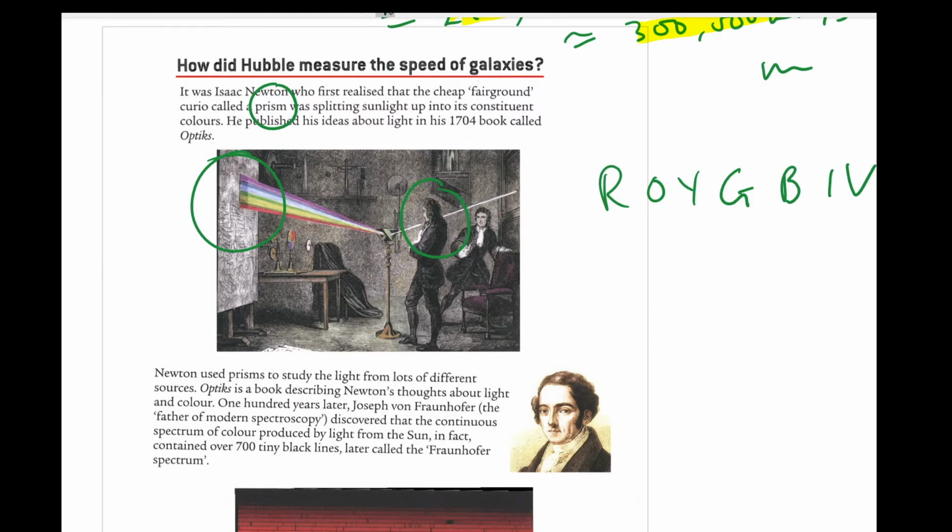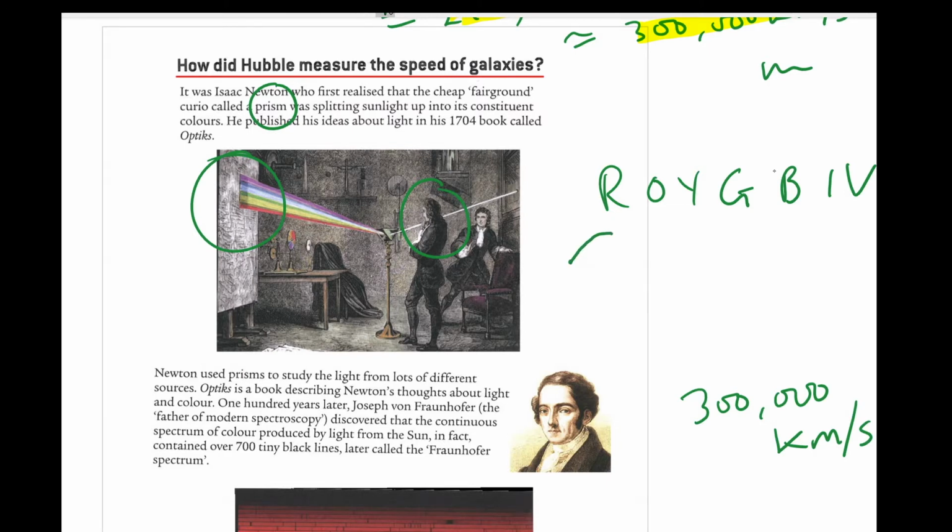Now what you do need to know about this set of individual colours of the rainbow is that, although they travel at the same speed in a vacuum, 300,000 kilometres a second, the speed of light, they do have different wavelengths.